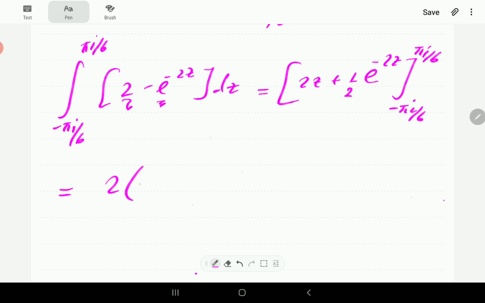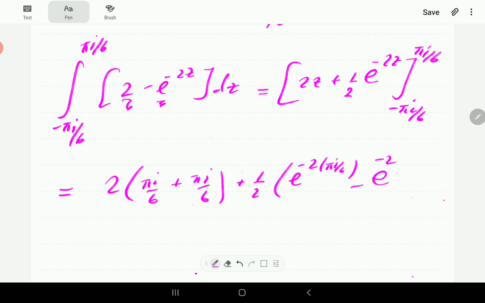So for the first term, it's going to be 2 times pi i over 6. It's going to be pi i over 6 because it's minus negative pi i over 6. And then for the second term, it's going to be 1/2 of e to the negative 2 pi i over 6 minus e to the negative 2 minus pi i over 6.